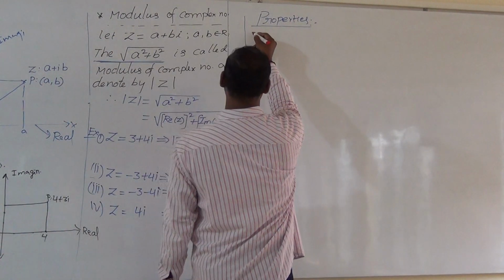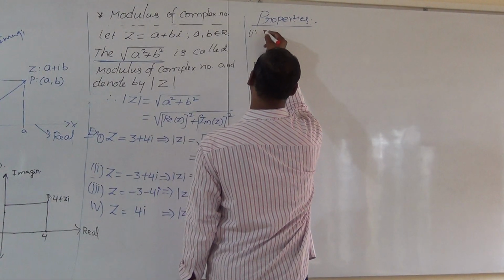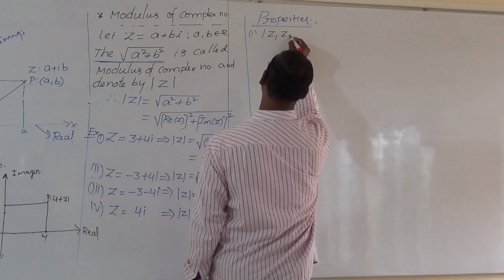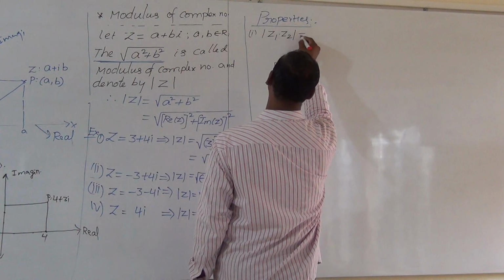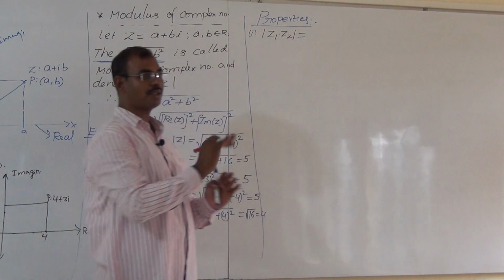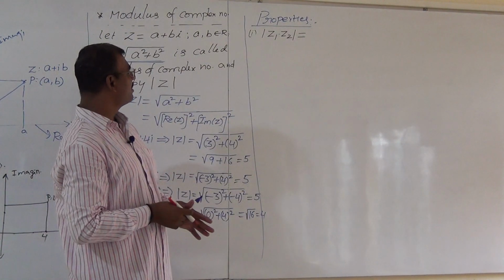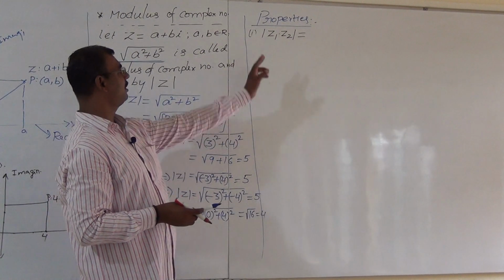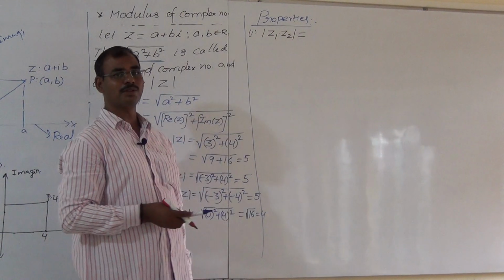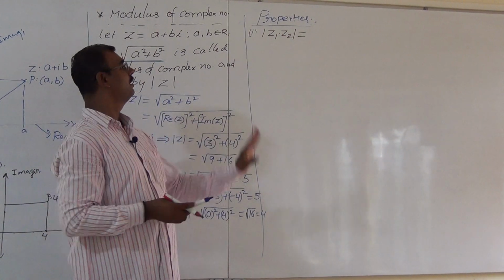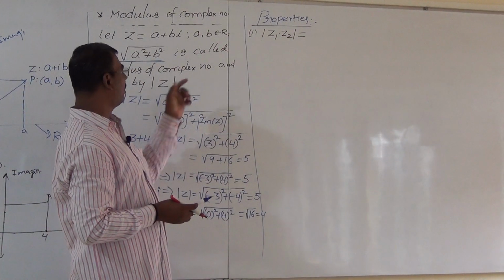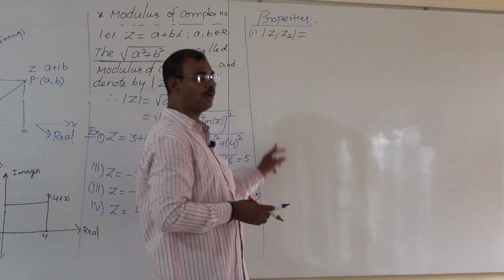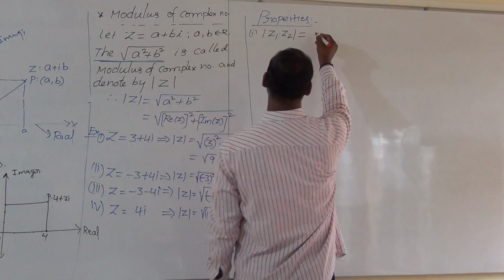Now I am going to property number 1. For complex numbers, mod of z1 into z2. Mod of z1 z2 in product form is given. Generally, many people follow the procedure of first multiplying the two numbers using the multiplication method, then converting to a plus iota b form and finding the modulus. There is no need. With the help of properties we can get the answer easily.